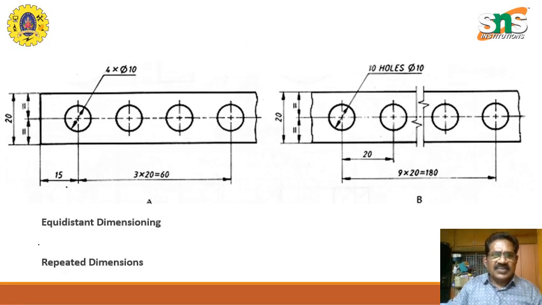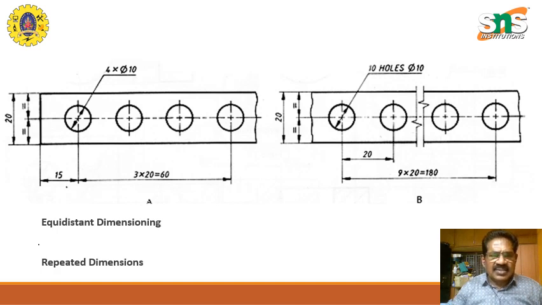Okay, now points which are equidistant. For example, I have a strip, and then we have multiple holes at exactly a particular distance. So from here to here it is 15. From here to here it is 20. So what I simply put is that from here to here it is three holes with 20 distance each. The total size will be 60. Or I can put this diagram as four holes of dia 10.